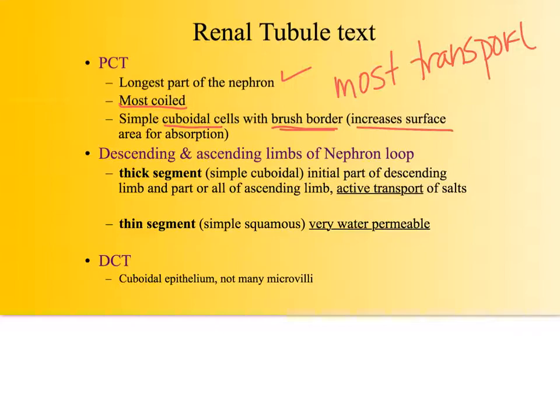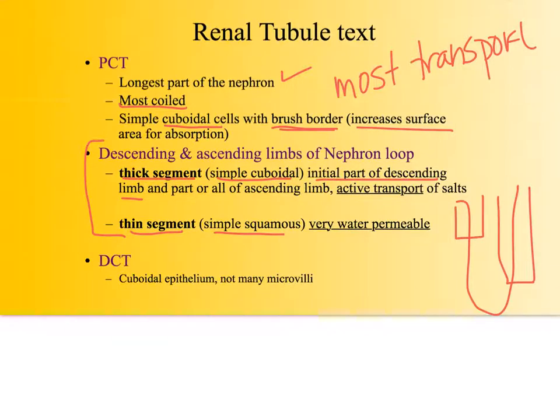The descending and ascending limbs of the nephron loop have a thick segment, which is simple cuboidal, and a thin segment, which is simple squamous. The thick segment is in the very first part of the descending limb. If I draw it, thick up here, and thick here, so all of this is thick.